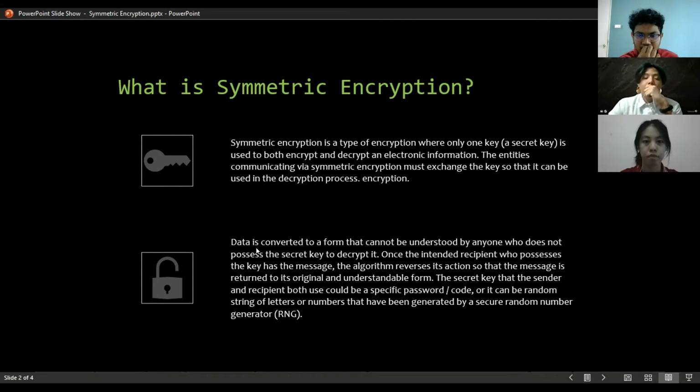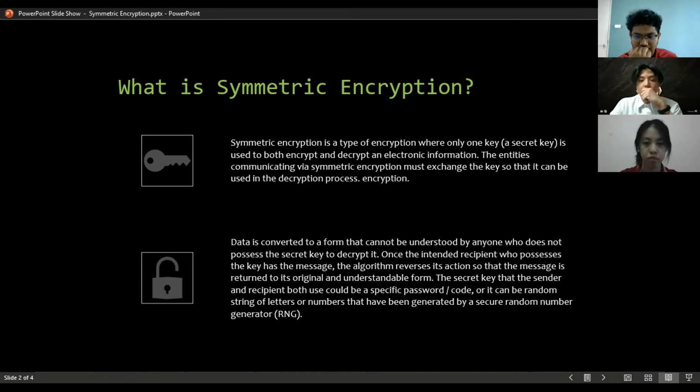Data is converted to a form that cannot be understood by anyone who does not possess the secret key to decrypt it. Once the intended recipient who possesses the key has the message, the algorithm reverses its action so that the message is returned to its original and understandable form.